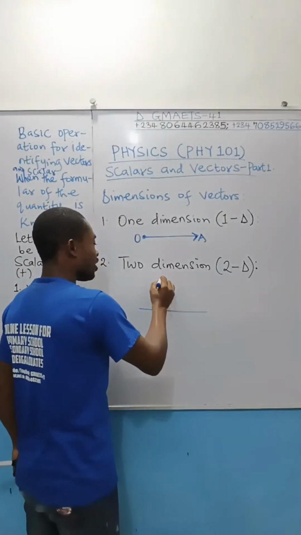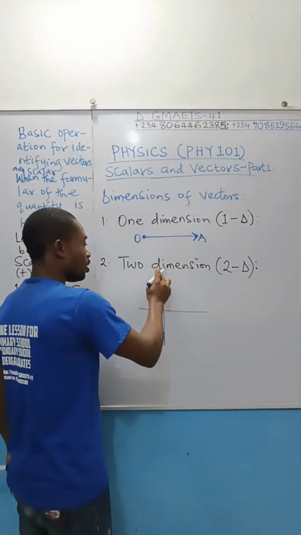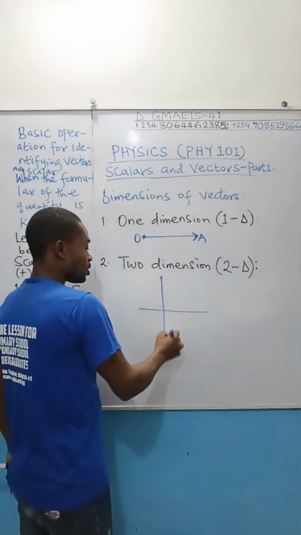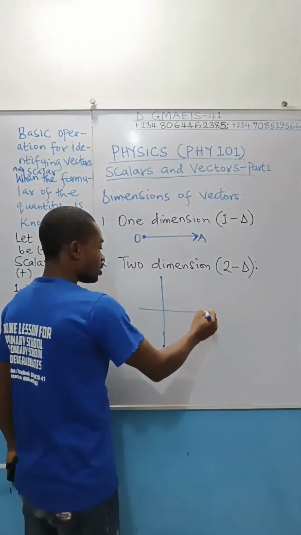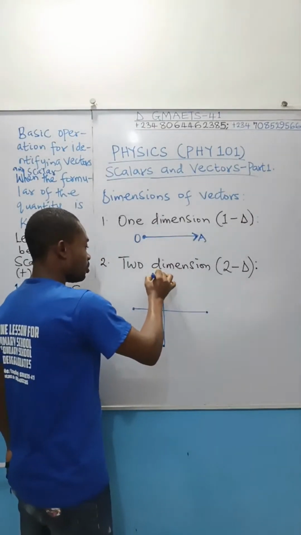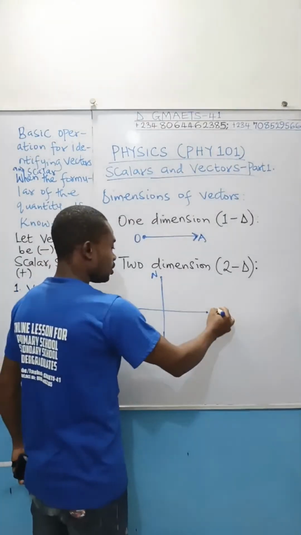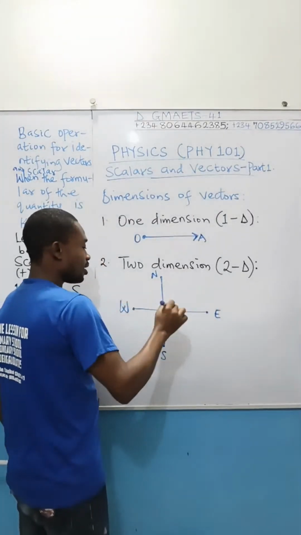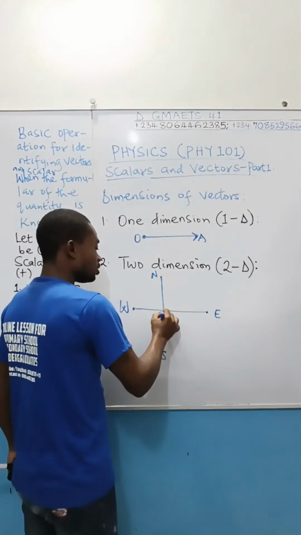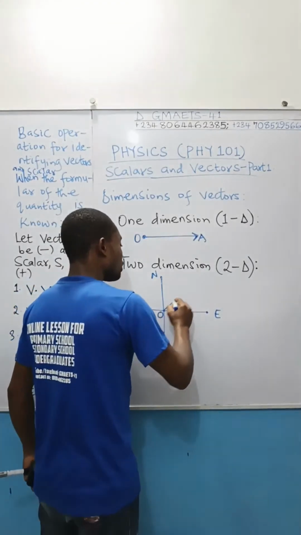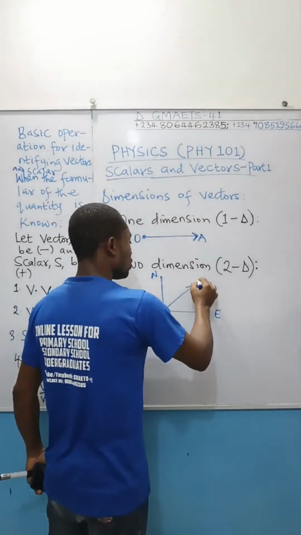Now look at this. If I have these cardinal points, north, south, east, and west, permit me to label them. Now imagine that this is the origin, the starting point. I could draw something like this to represent a vector, let's say OA.